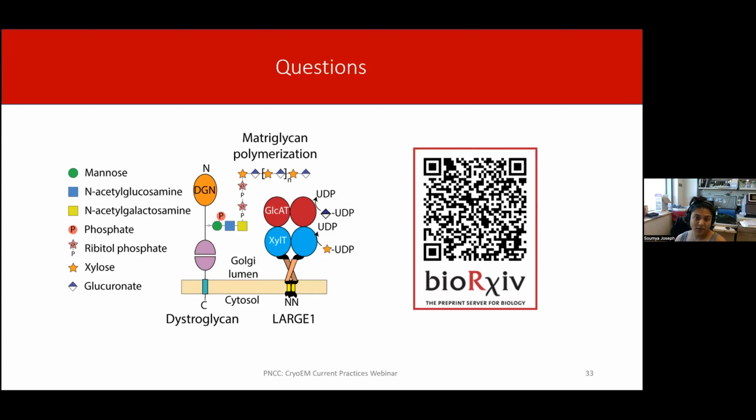I looked at the monomer of LARGE1 because I didn't want to bias it. So I just modeled two of the monomers in. There are other ways that I did validate the interface. I looked at the surface conservation using ConSurf to check that the residues at the interface were conserved.